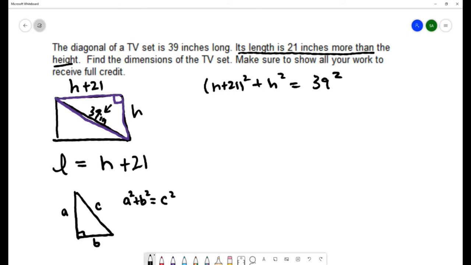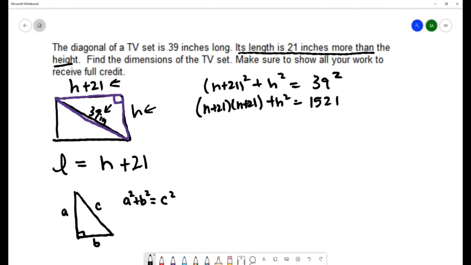So if we're able to solve this equation, we'll know the value of the height and then ultimately know the value of the width, the length. So let's work this out. We need to do (h + 21) times (h + 21) plus h squared equals 39 squared. I think I might need my calculator to help me with these big numbers. So 39 squared is 1,521.